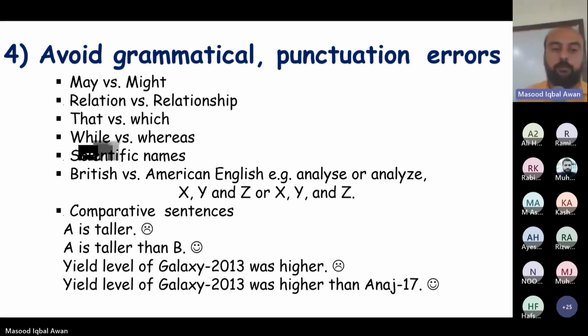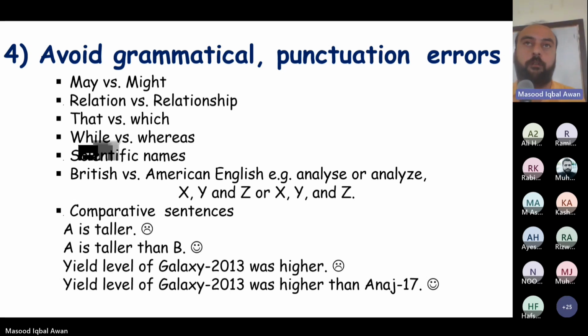Scientific names we should preferably write in the proper format, and I hope all of you are aware how to write these. Then there are some differences between American and British English. For example, there are differences in spellings.